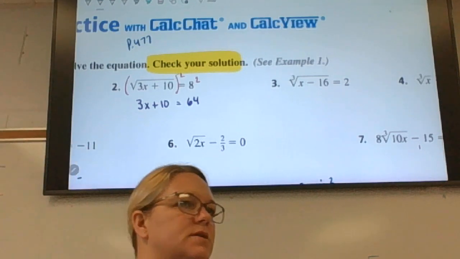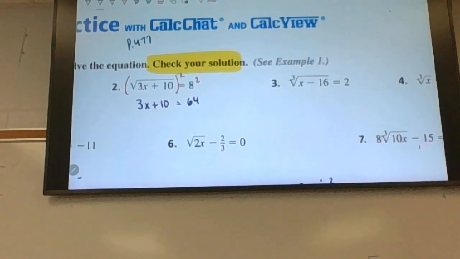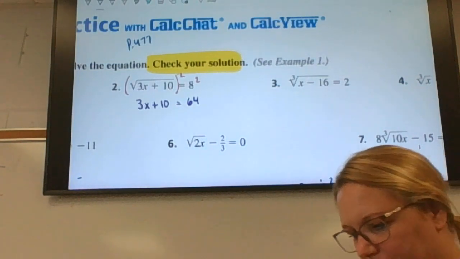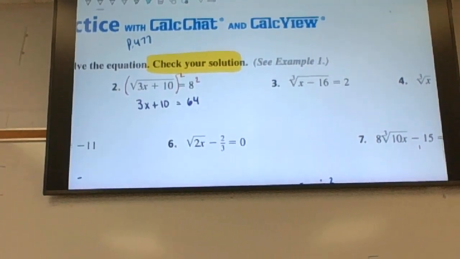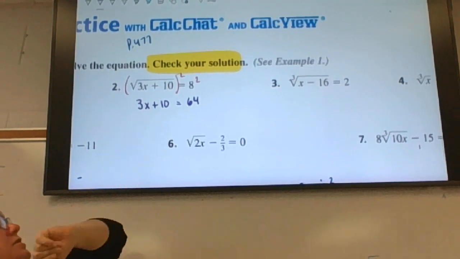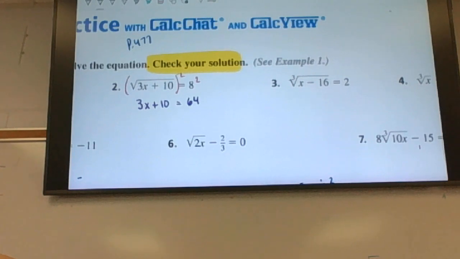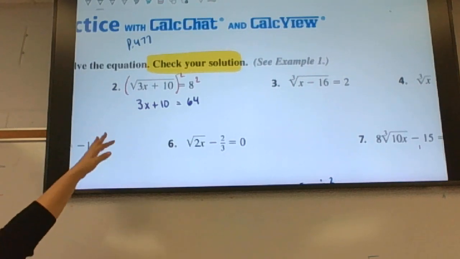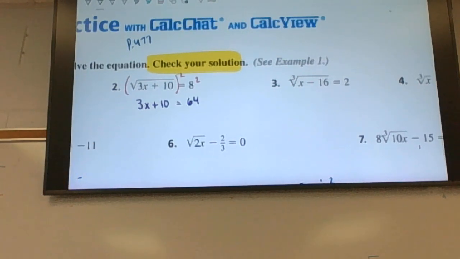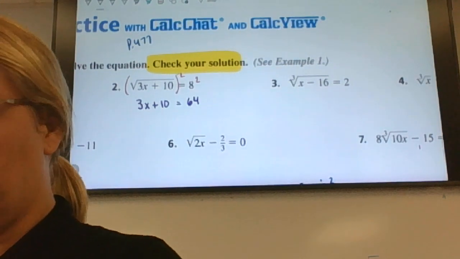So my 8 turns to 64, and the square root bar is gone. Okay. And now this is just a regular linear equation, algebra 1. You just subtract the 10, divide by 3, call it a day. So some of you guys are going to like these a lot more than some of the other work we've been doing.